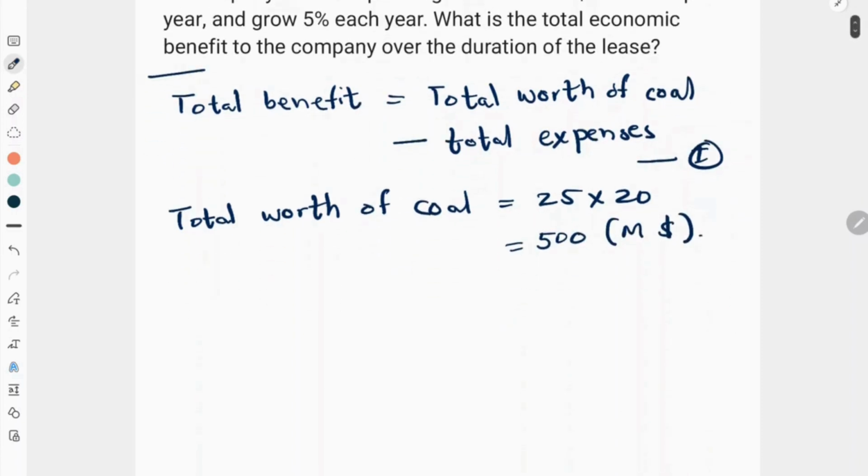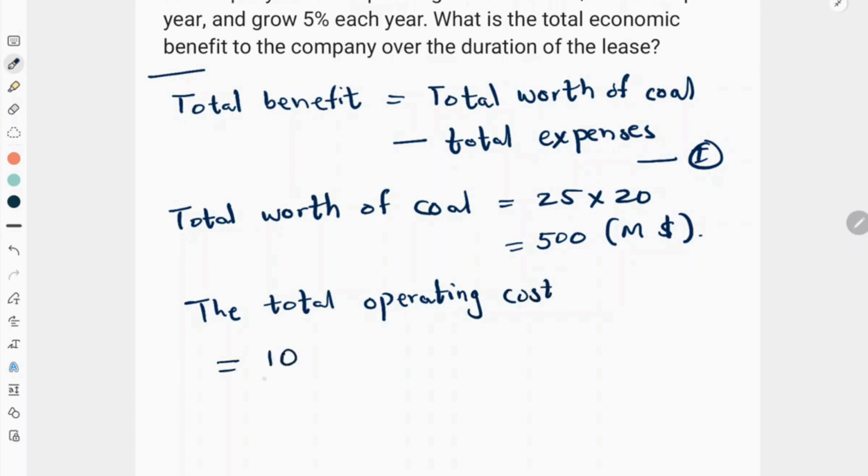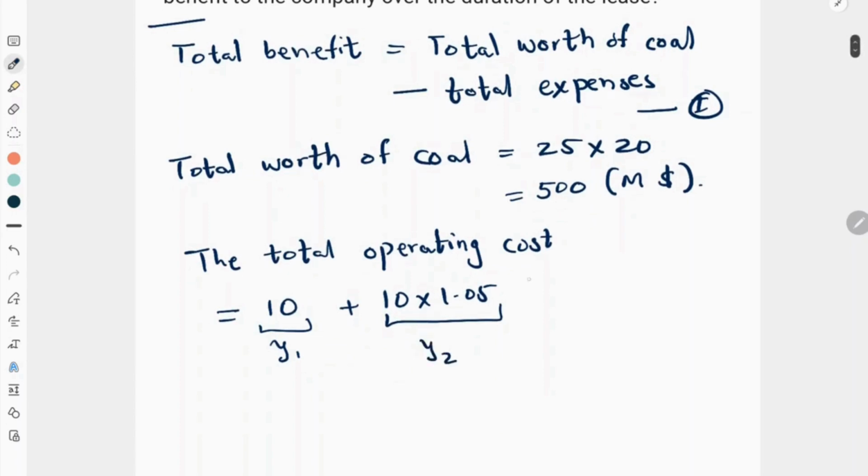Now the tricky part is the geometric series part. So the total operating cost is going to be 10 in the first year, year 1, plus 10 times 1.05, because it grows at a rate of 5% every year. This is the cost in year 2, plus 10 times 1.05 times 1.05, because it grew by 5% in the second year over the end of the first year.